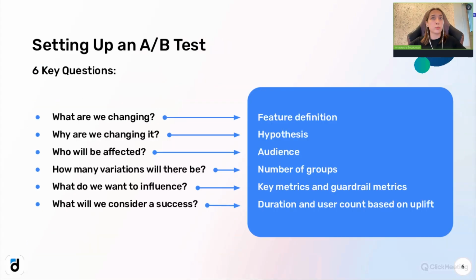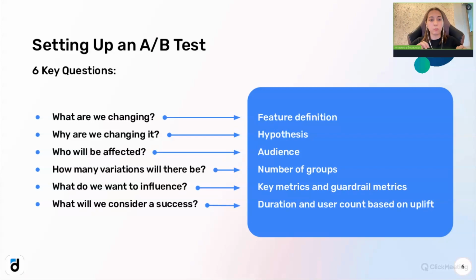Let's jump to A/B test designing. Setting up a successful A/B test means answering the 6 key questions to clarify our goals and our A/B test parameters, which are absolutely important for making it work efficiently.